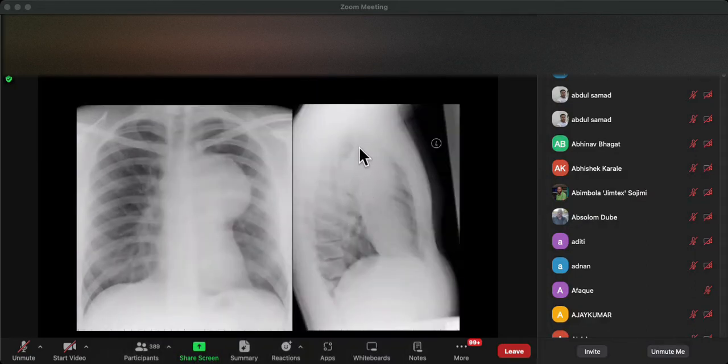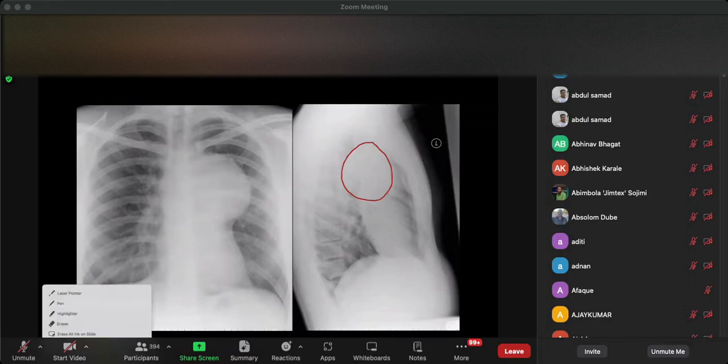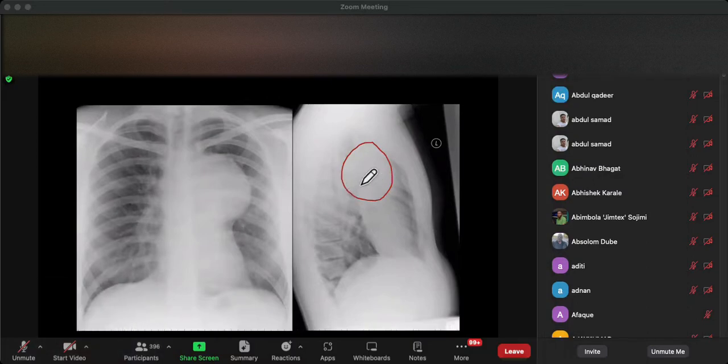And you can see it just here. So if I draw around it, that's the mass lesion. And of course, the aortic knuckle is going to be here. So it's going to be about there.